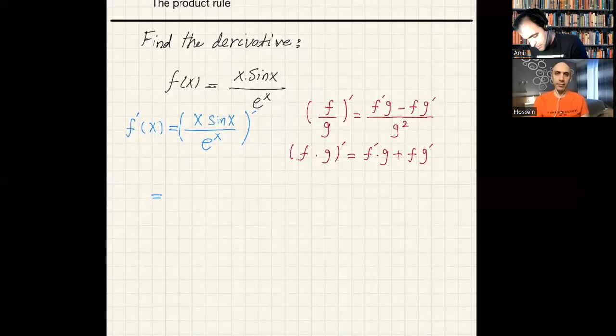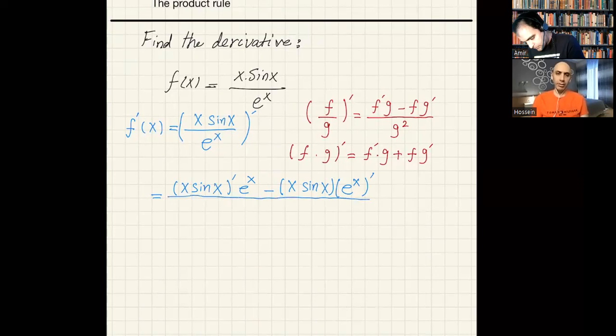So the derivative of the numerator, I write like this, x times sine of x, prime, times e to the x, minus the numerator, x sine of x, times the derivative of the denominator, which is the derivative of e to the x.